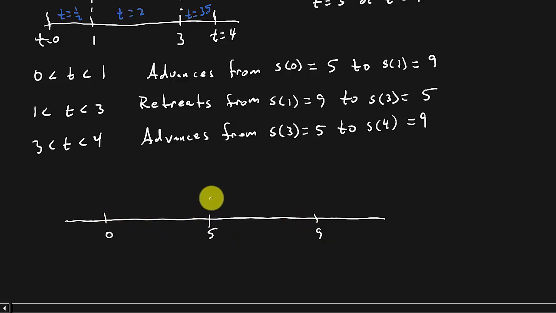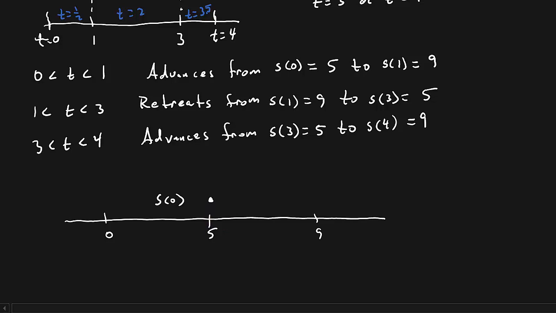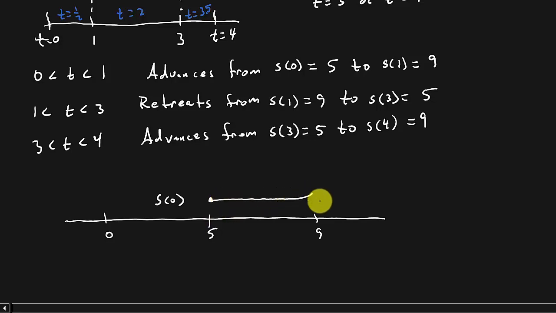Okay? And so we're starting here, and as I'm going from s of 0 to s of 1, that's going here, right? That's going here. And then this point right here would be s of 1.